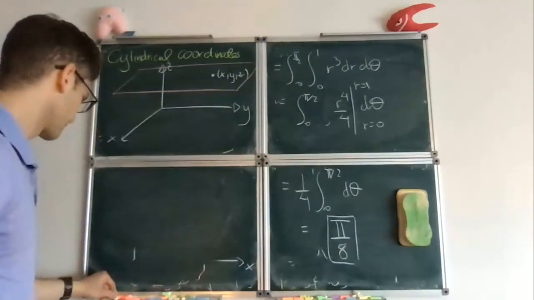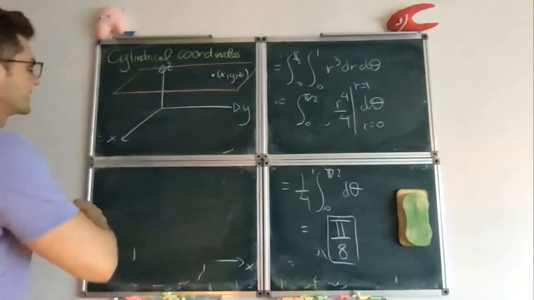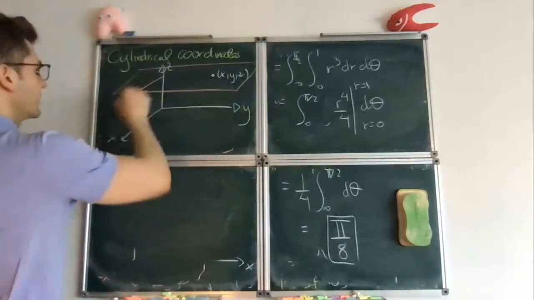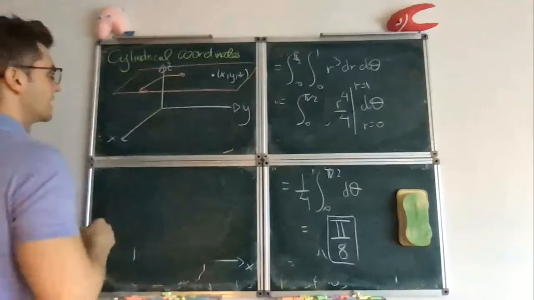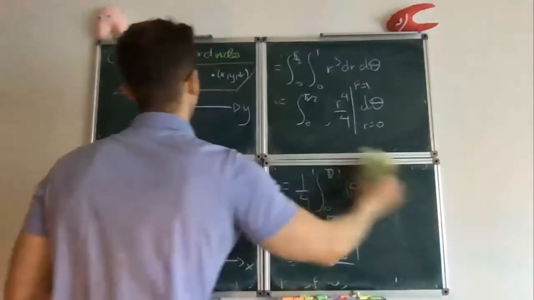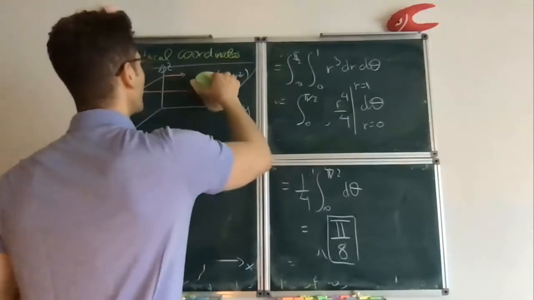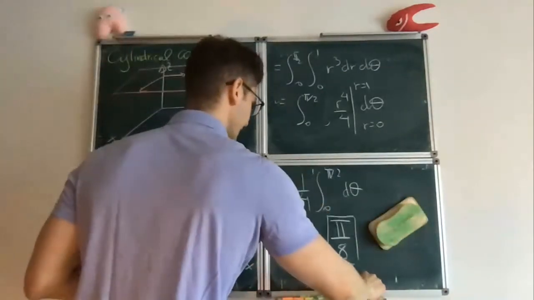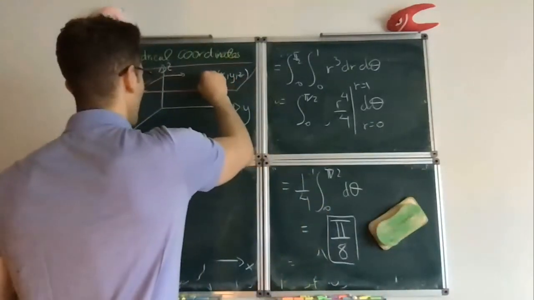And then in this copy of the xy plane, you have a copy of the x-axis and a copy of the y-axis. Now let me maybe move this point a little bit so that it's easier for me to draw the arrow.